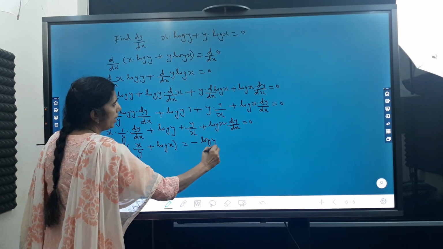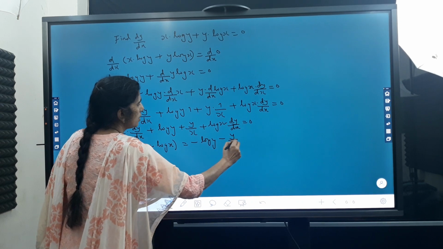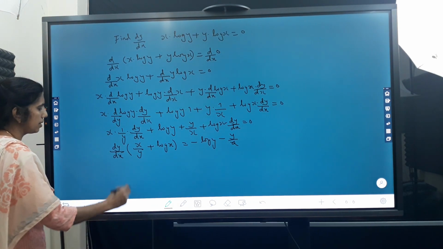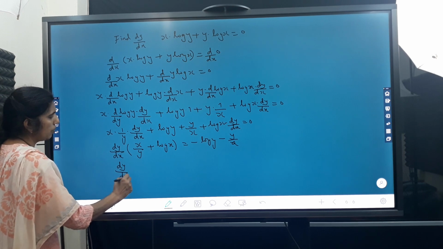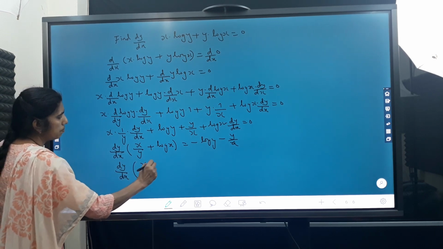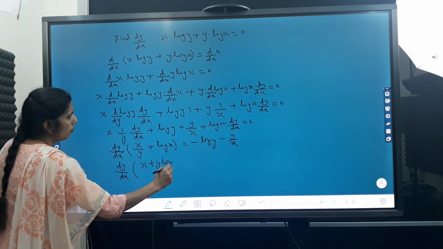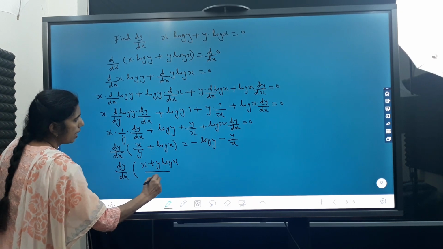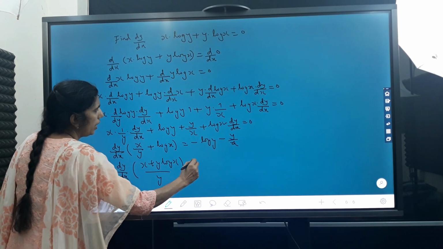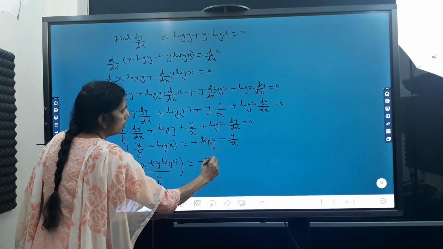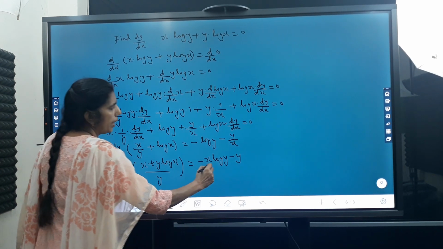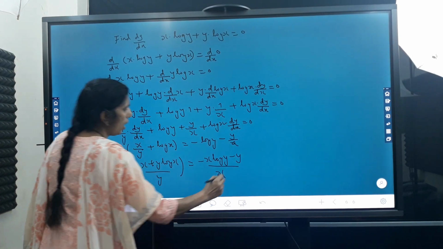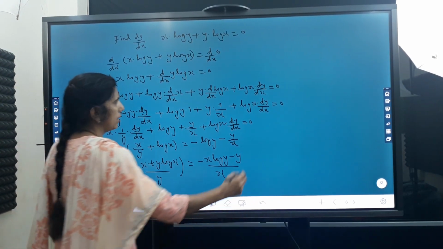minus log y minus y upon x. That is dy by dx into x plus y log x upon y equal to minus x log y minus y upon x.